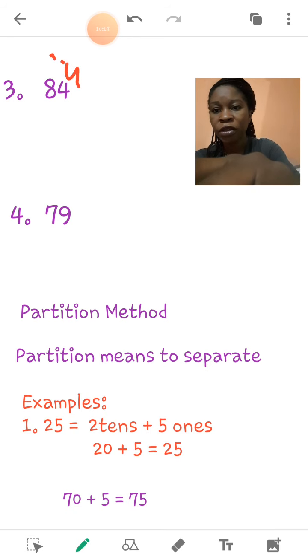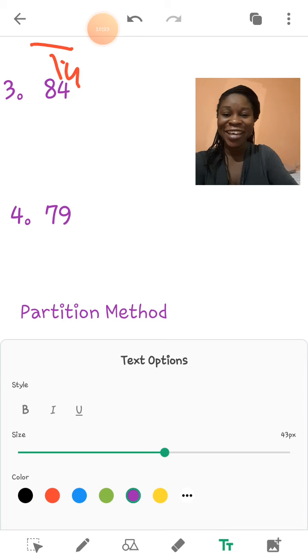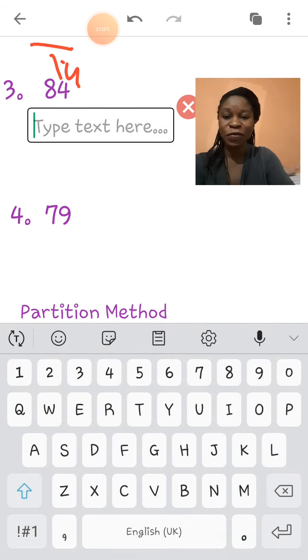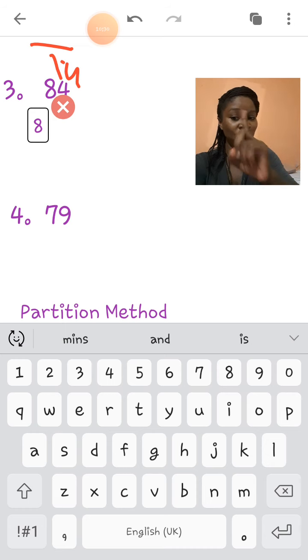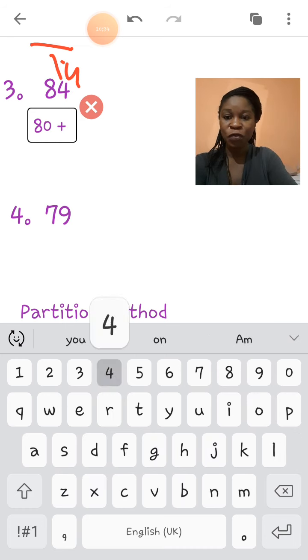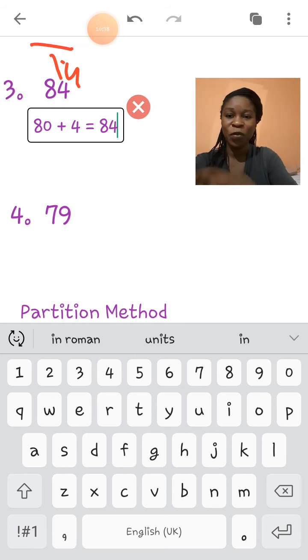U. And then we have our T. Don't mind my writing. My finger is big. Then we represent the numbers by saying we write our 8 first. Tens 1 zero, plus 4. So 80 plus 4 is equal to 84.